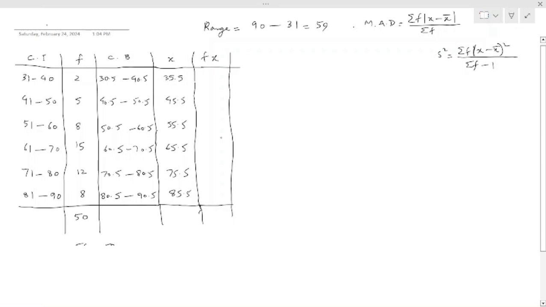The first one is 35.5 multiplied by 2, which gives us 71 as the product.